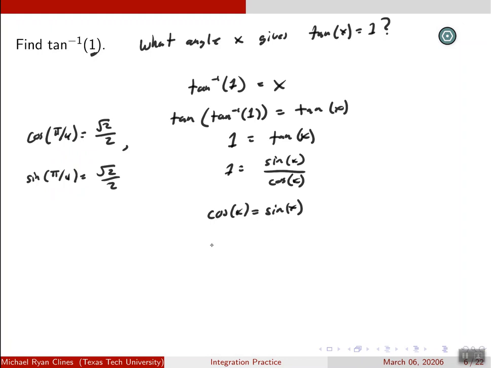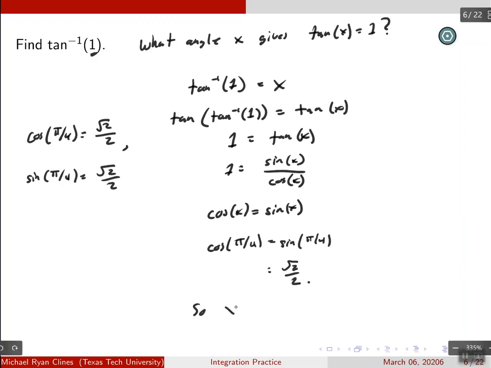So we conclude that cosine of pi over 4 is equal to sine of pi over 4, which is equal to root 2 over 2. So x equals pi over 4 does the job. Hence, tan inverse of 1 is equal to pi over 4.